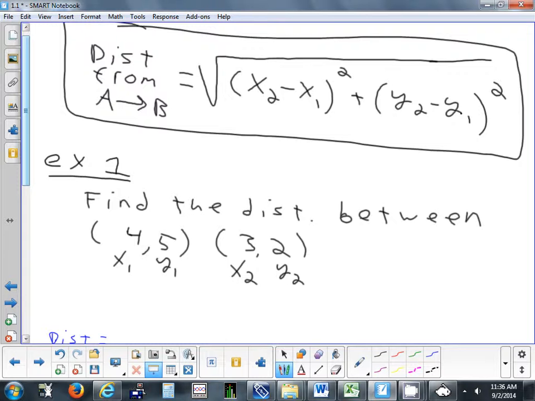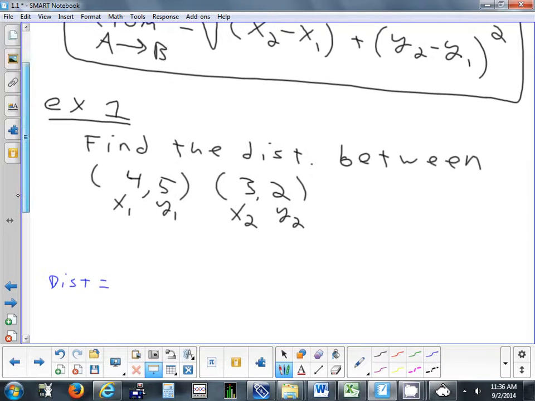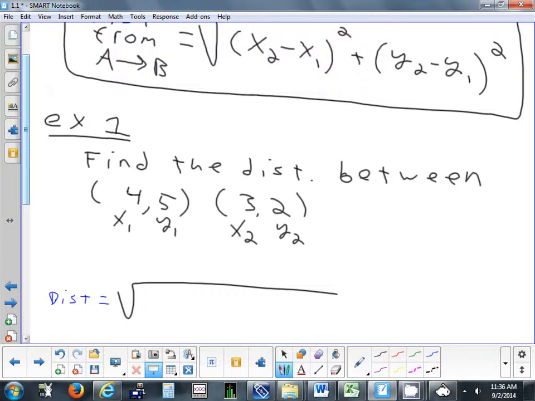Now you just fill in your formula, plug it in, and see what you got. Let's do it out. So you've got the square root of 3 minus 4, if we're going to plug it in exactly the way that formula says, plus 2 minus 5.